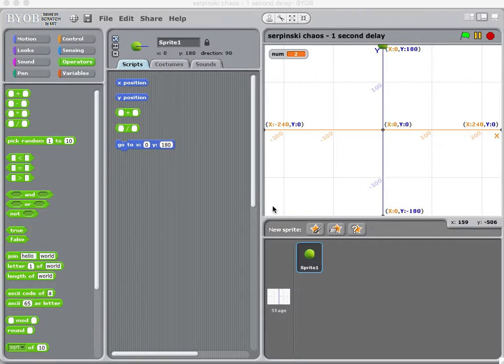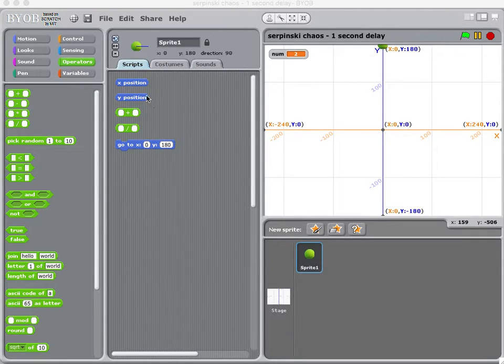Hopefully that helps. So the way this game works, again it's called the Chaos Game, is you randomly generate a number, either 1, 2, or 3, and I'm displaying the number up here so you can see what's happening. Then you move halfway between the current sprite location and a vertex.